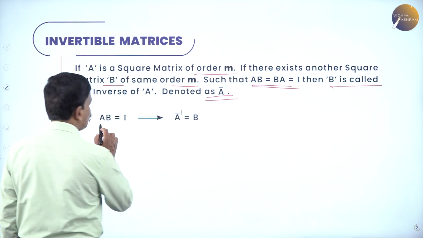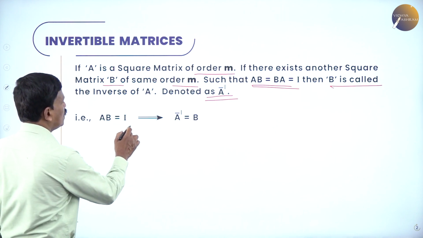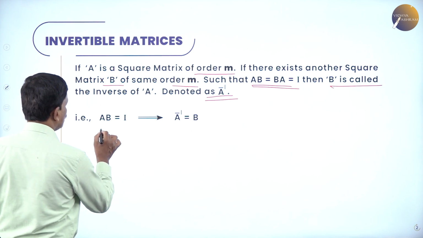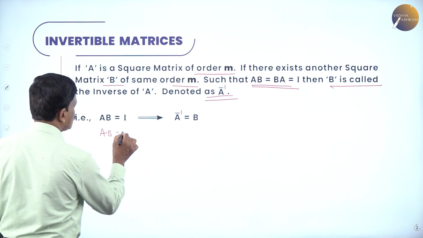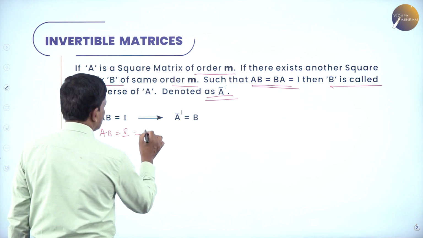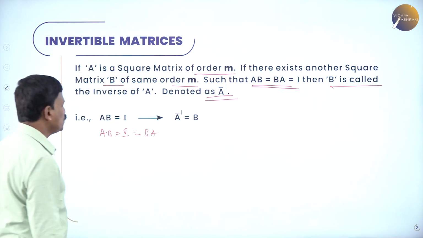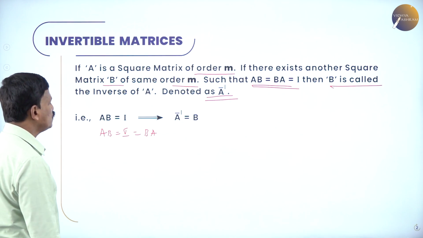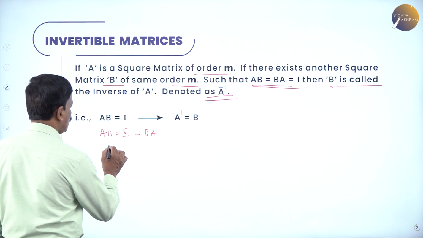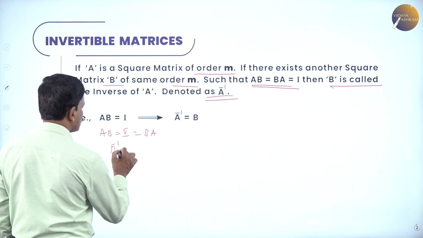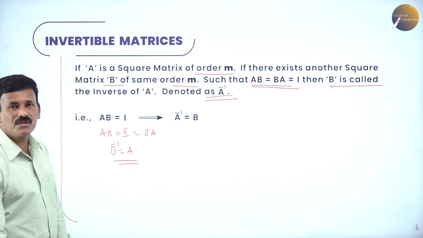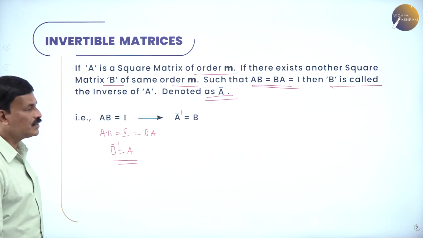That is, if A into B is equal to I or B into A is equal to I, then A inverse is equal to B, or the inverse of B is also equal to A. So A is the inverse of B or B is the inverse of A.